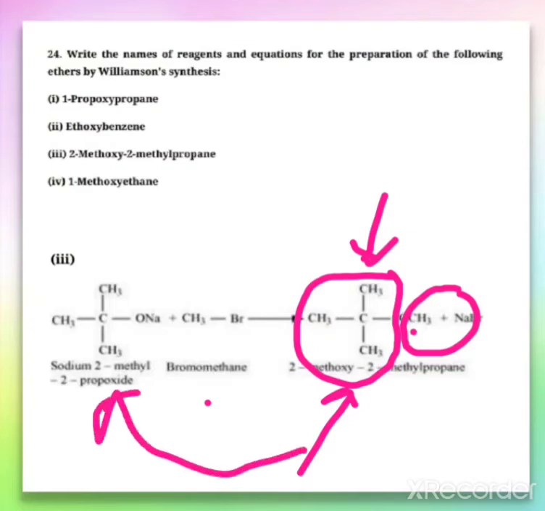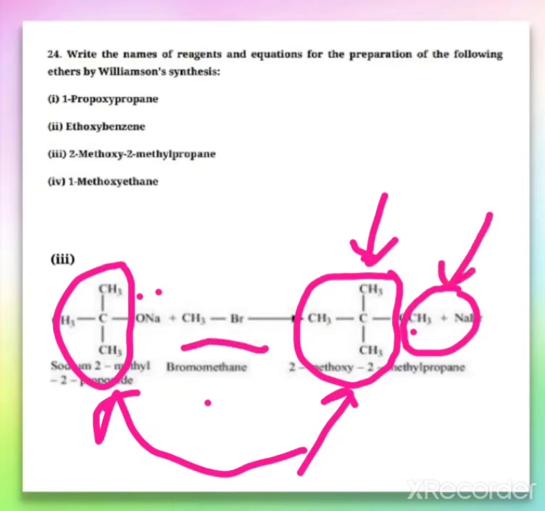So this part, ONa, the sodium alkoxide, should be the tertiary alkyl group. And the other part is the methyl group. That group will be the halide, because it is a primary halide.